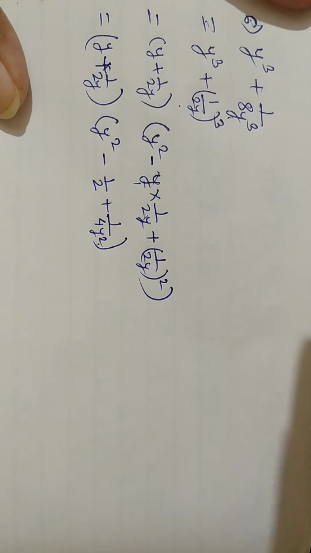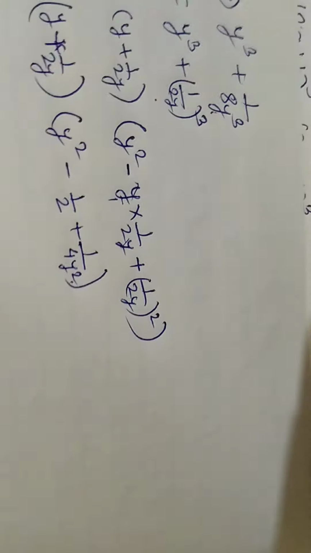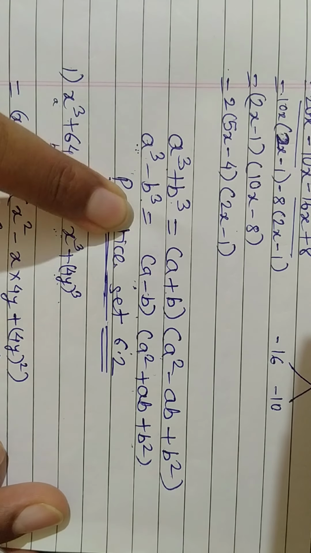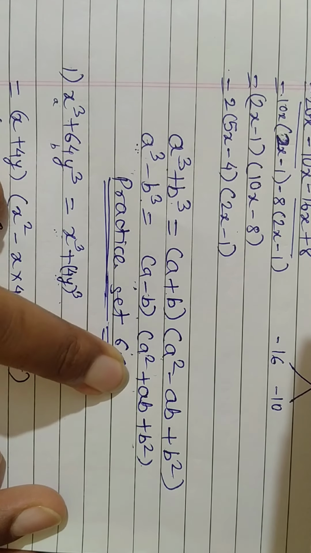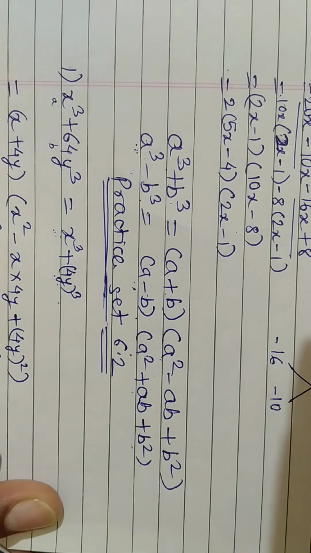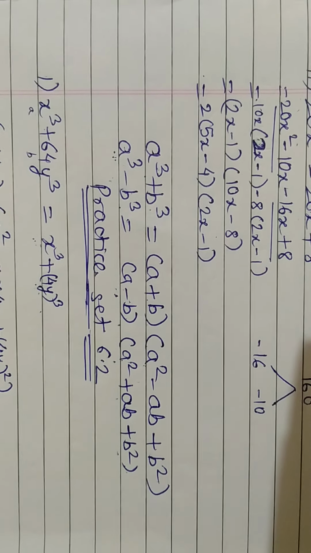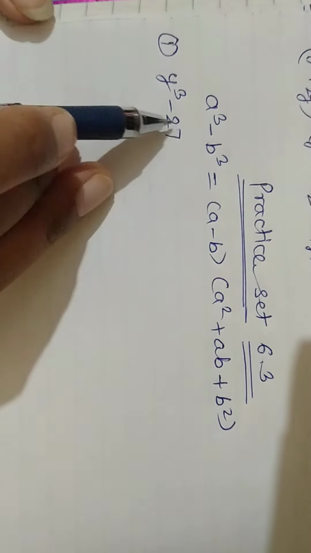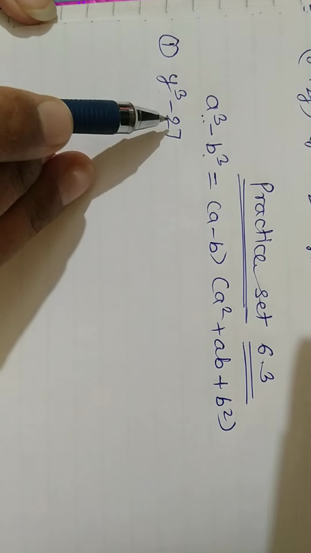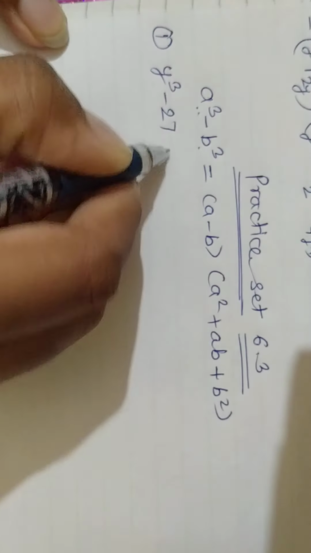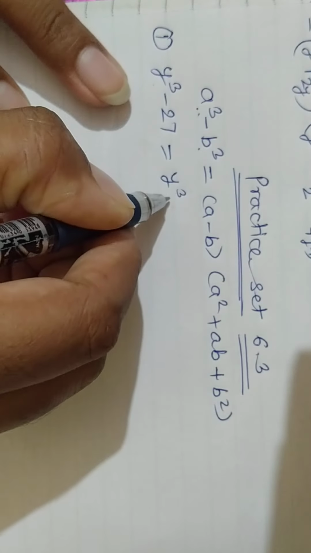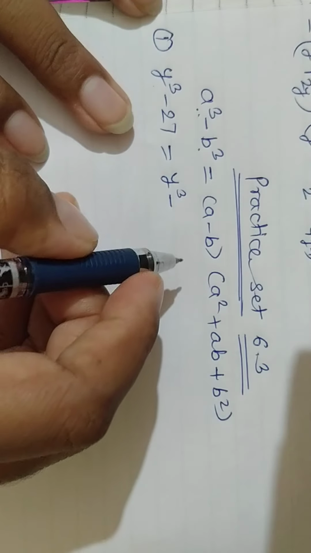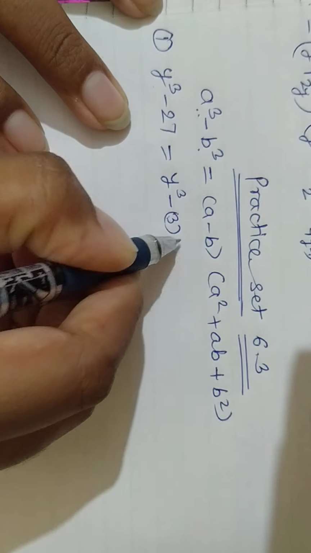Now we'll go for the next formula, a cube minus b cube is equal to a minus b, a square plus ab plus b square. See, practice set 6.3, this formula you have to use. First one is y cube minus 27, 27 is the cube of 3, that means 3 cube.